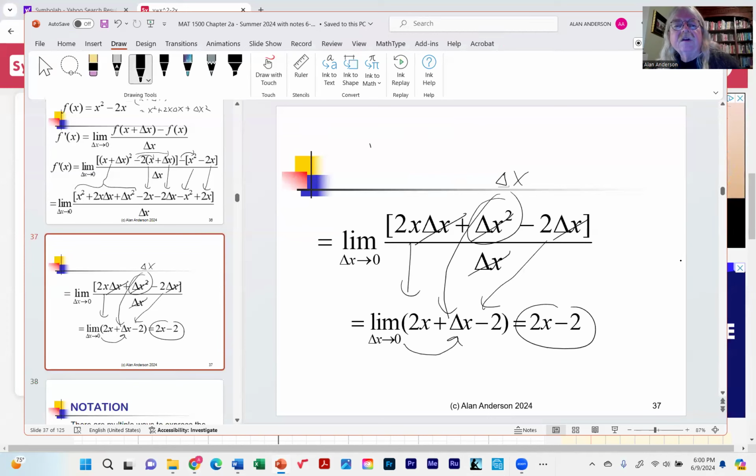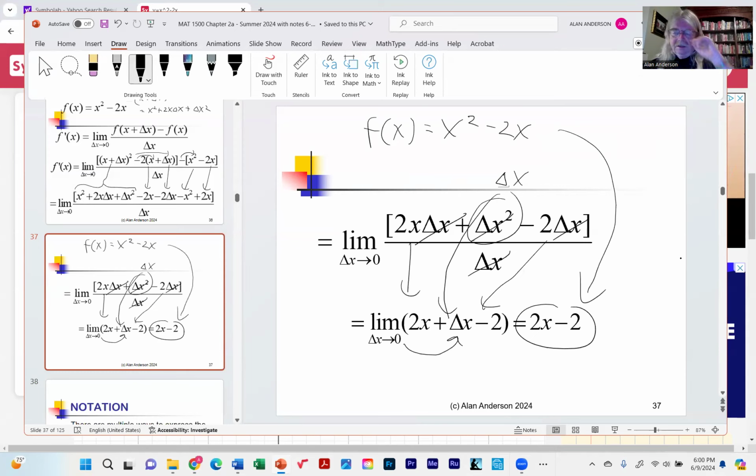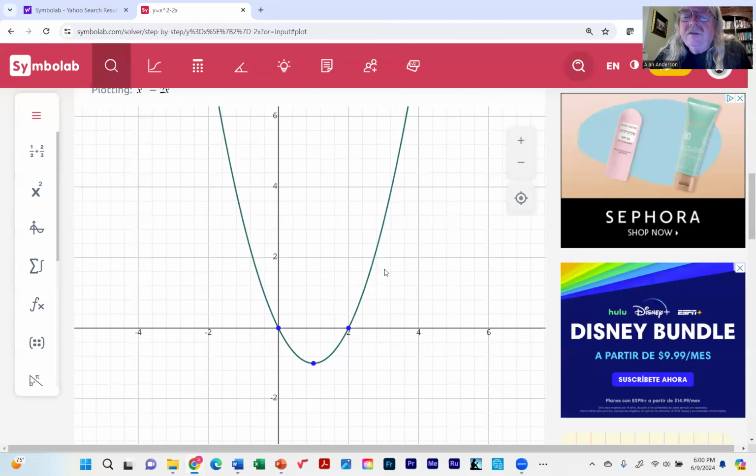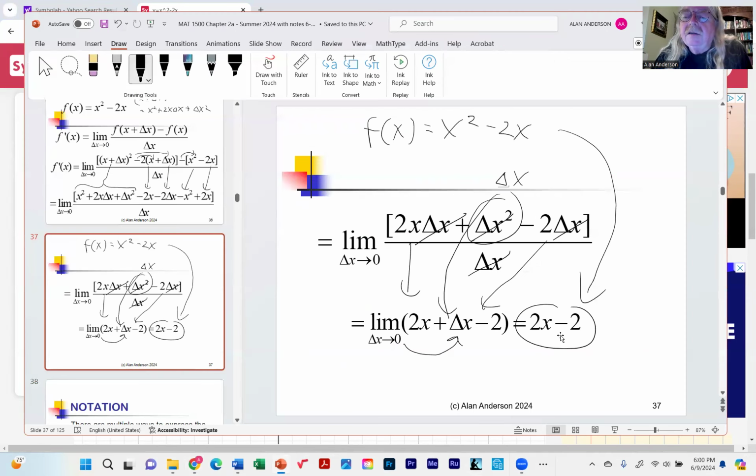So remember the original function was x squared minus 2x. The derivative is this. So no matter where I am on this curve, I can find the derivative, or slope of the tangent at that point, by plugging that number into this derivative, 2x minus 2.